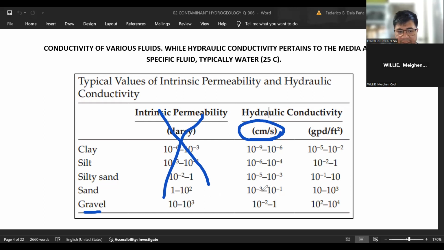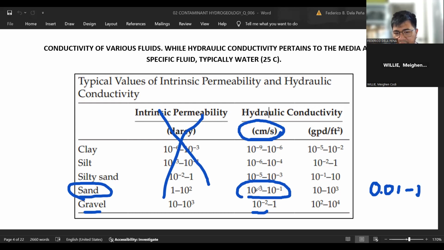All right, for the gravels, you have 10 to the negative 2 to 1 centimeters per second. Therefore, that's something like 0.01 centimeters per second to 1 centimeter per second. As you move through the finer soils like sand, you get a progressively slower hydraulic conductivity.